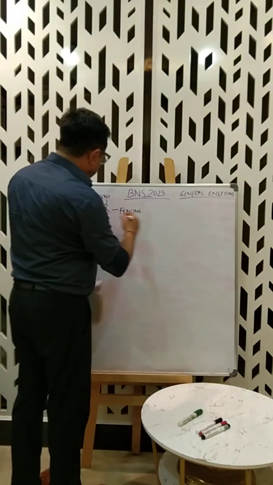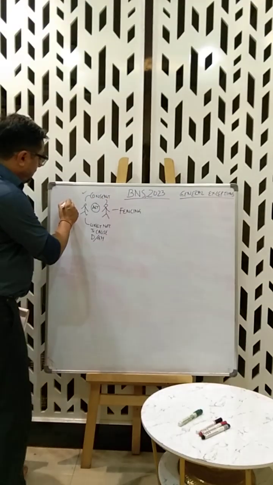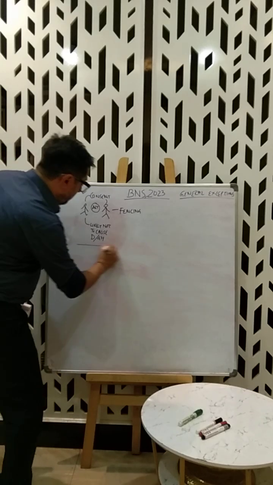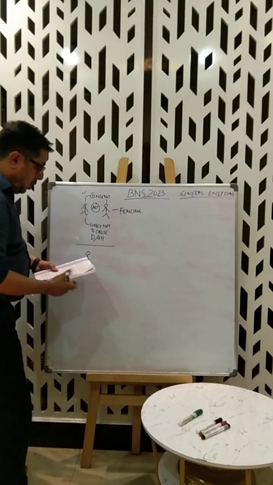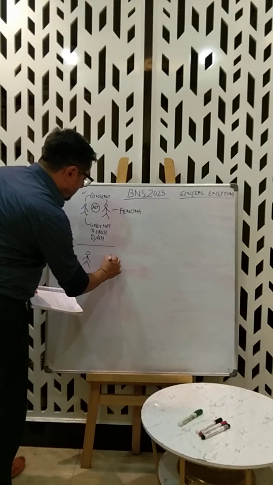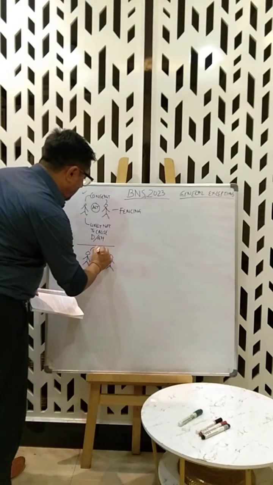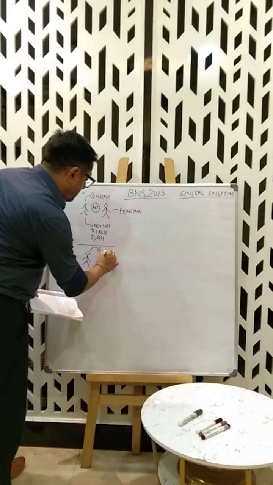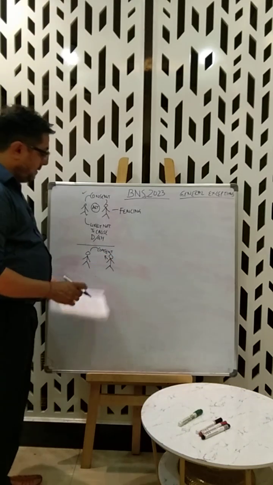Now we'll take the other version of it. This is again a variation of this. Here the person also does something with this person and there is a consent. Say the consent is from this side. He consents.